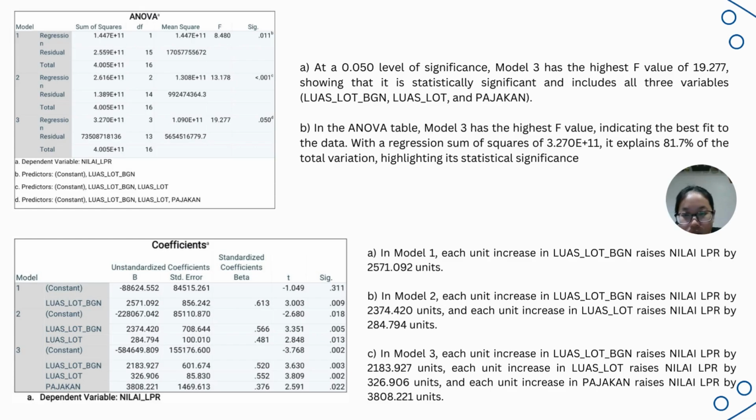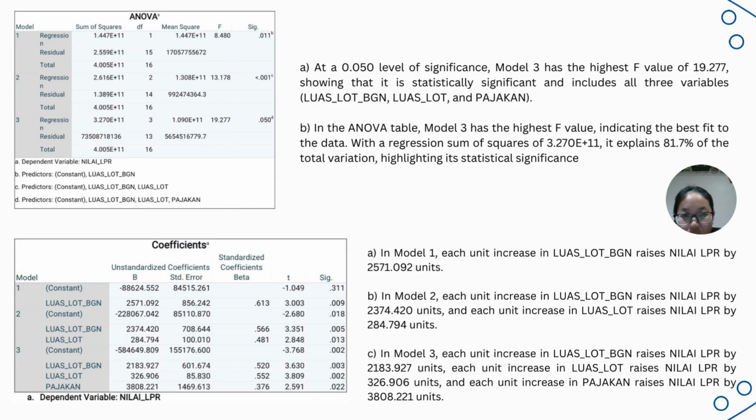Now I'm going to talk about the ANOVA. At a 0.050 level of significance, model 3 had the highest F value of 90.277, showing that it is statistically significant and includes all three variables, luas lot bangunan, luas lot, and pajakan.